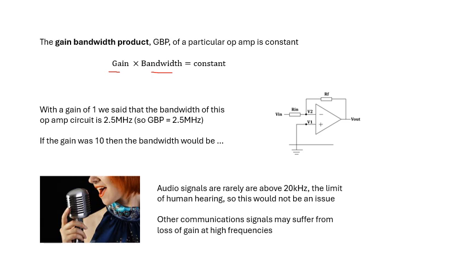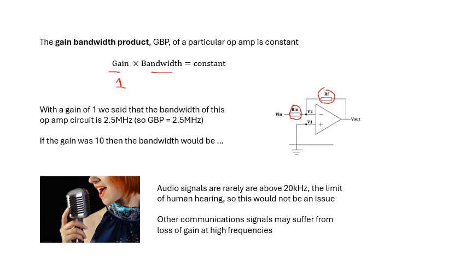That means that if we had a gain of 1, how would you have a gain of 1? Well, if RF is equal to Rin, and if you remember the equation for an inverting amplifier, that means the gain would be 1, then the bandwidth would be about 2.5 megahertz, 2.5 times 10 to the 6.